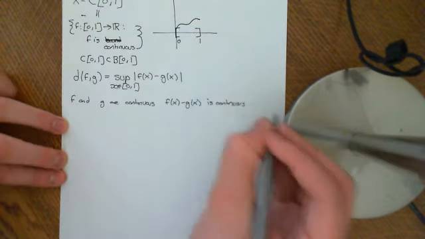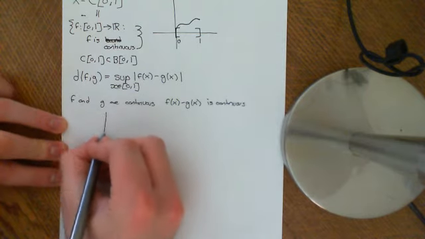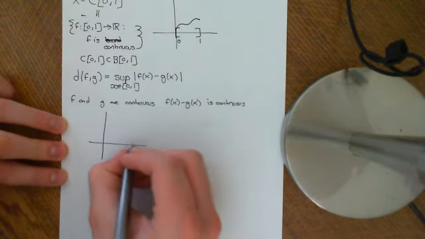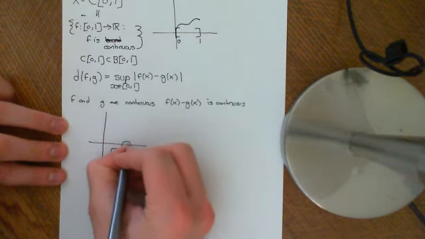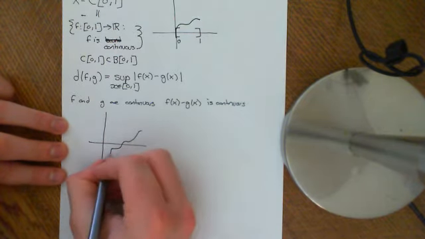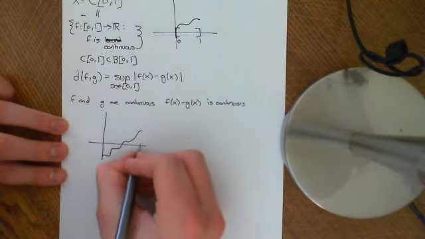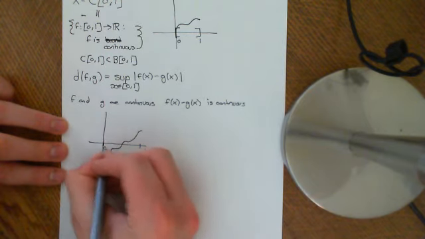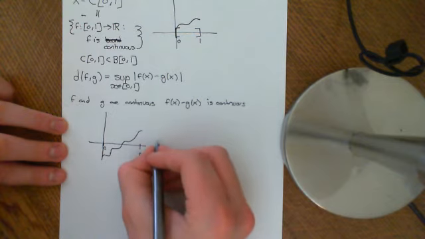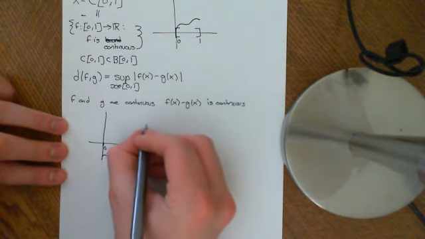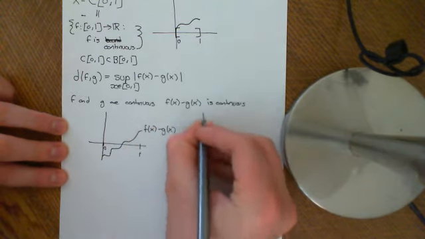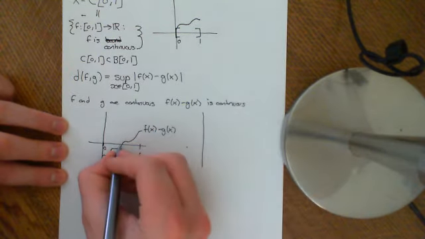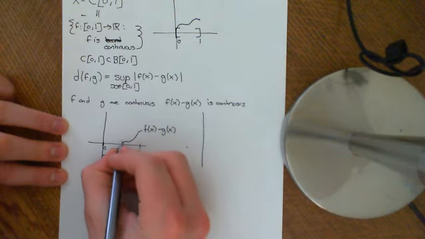Now, if a function f is continuous, let's have a look. Let's just draw a picture here. If we have a function, let's say something like this, on the interval 0 to 1, which is continuous. Let's call this f(x) minus g(x). Then if you take its modulus, all that you do is this bit above 0 stays the same.